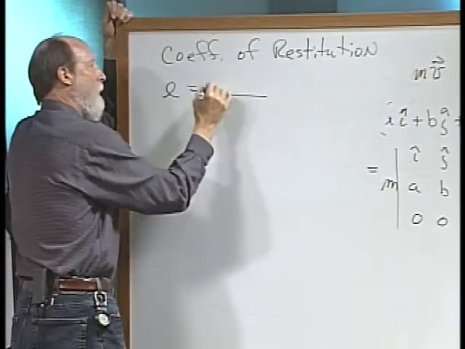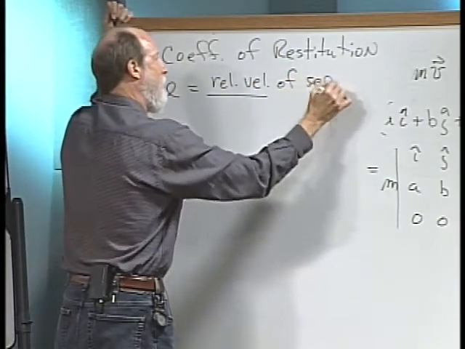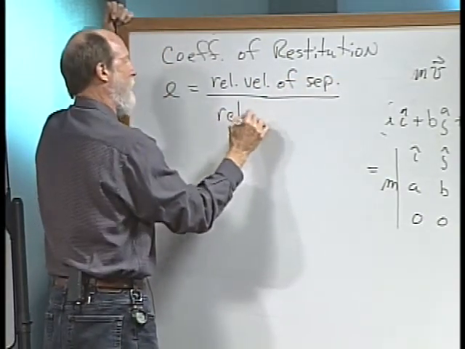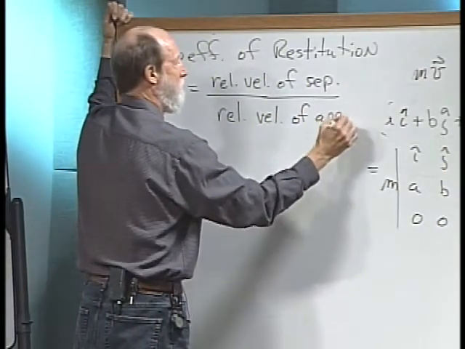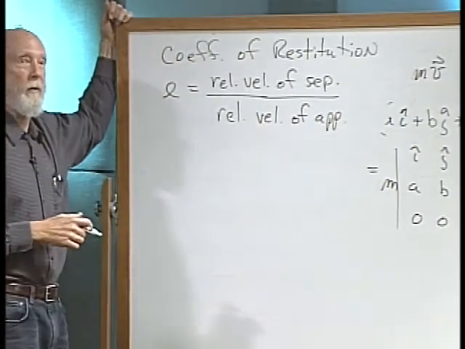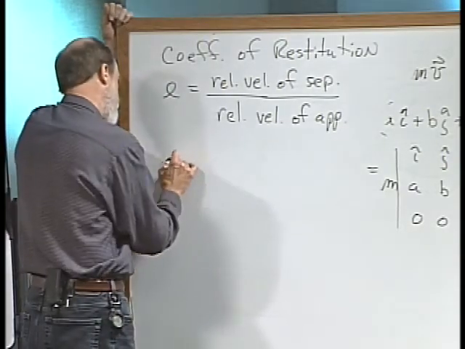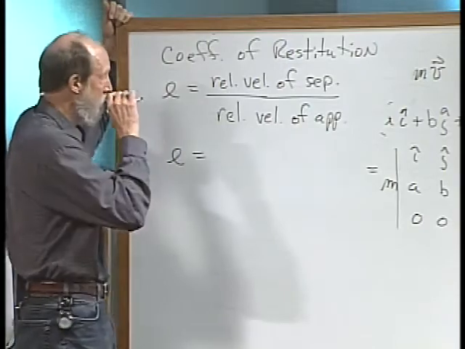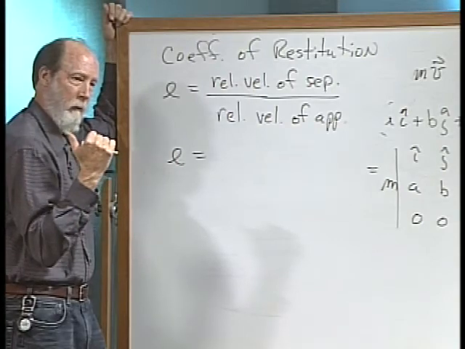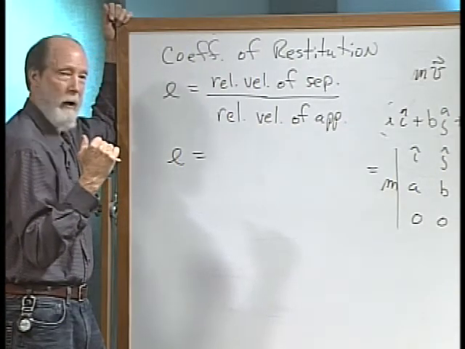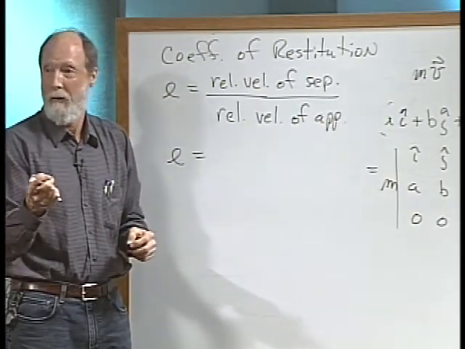What it is, is the relative velocity of separation divided by the relative velocity of approach. In the case of the symbolism that we've just used over here, the relative velocity of separation, this goes back to a little bit of stuff we did in kinematics earlier on relative velocity.